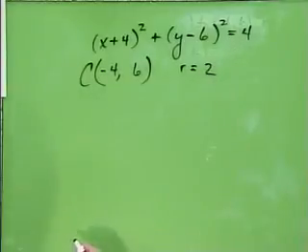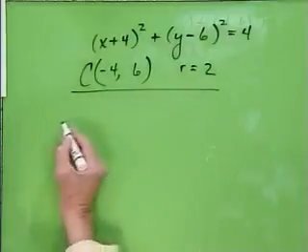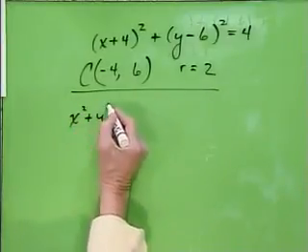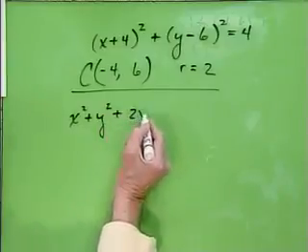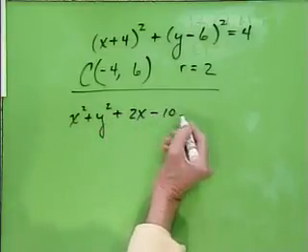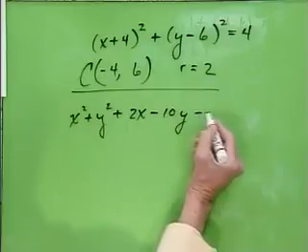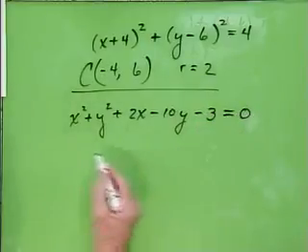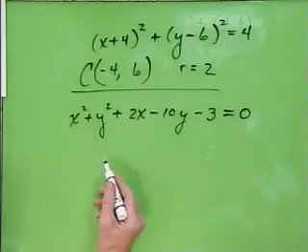Exactly. What if we take this circle, x squared plus y squared plus 2x minus 10y minus 3 equals 0. Now, what's the center and the radius of this equation?